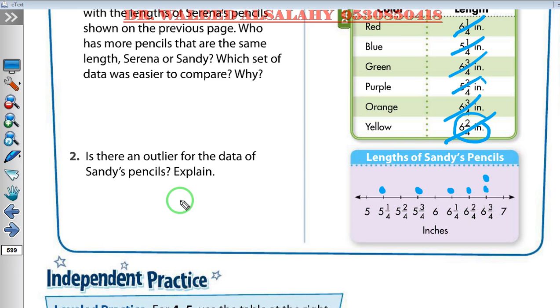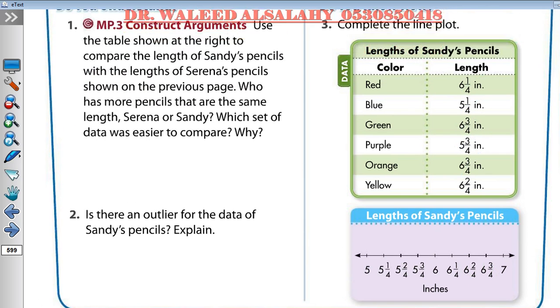He said, is there an outlier here? Just let me move the line because I cannot read well. He said use the table shown at the right to compare the length of Sandy's pencils with the length of Serena's pencils. This is the length of Sandy's pencils.